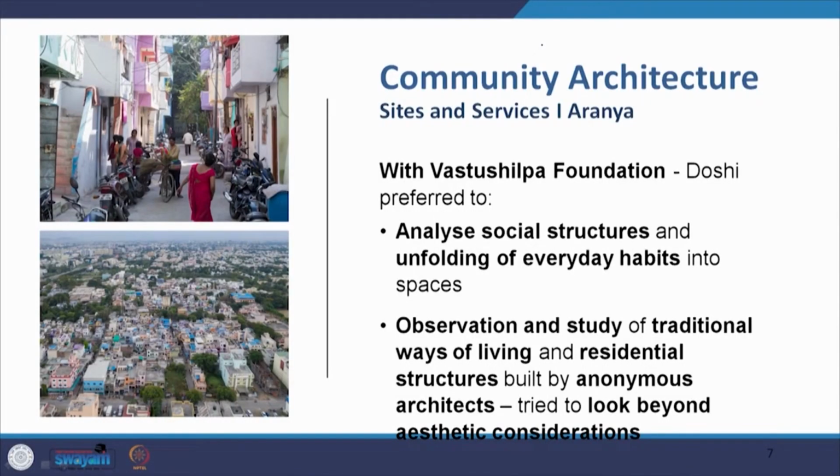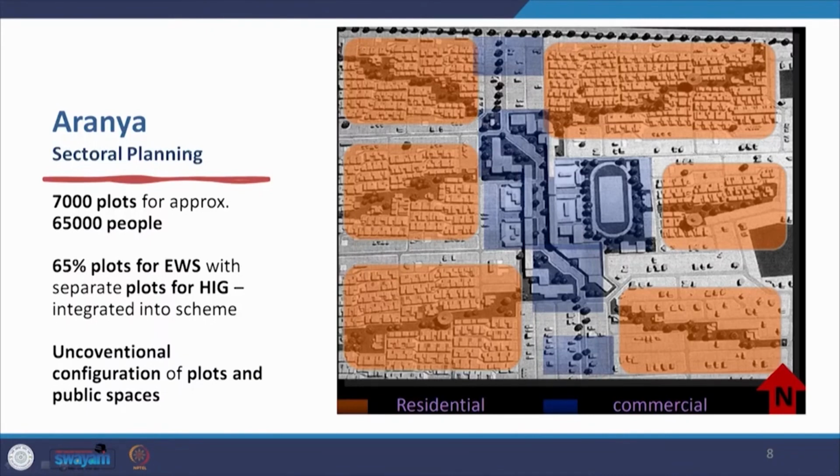So this is what the Aranya housing project looks like aerially, and this is one of the lanes of the project today. As you can see, all the dwellings are not of the same type, because each owner has built according to his resources and need. Now, there were 7,000 plots in Aranya housing in the sectoral planning, approximately for 65,000 people. 65% of plots were reserved for the EWS, and there were separate plots provided for the high income group, which were integrated into the scheme.